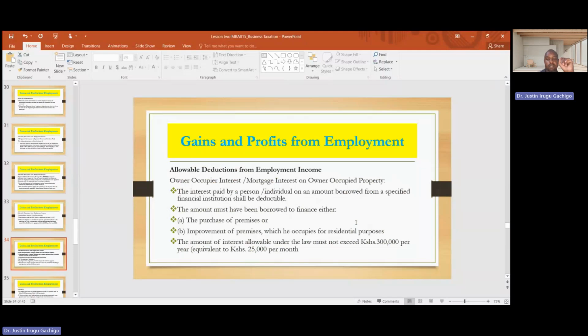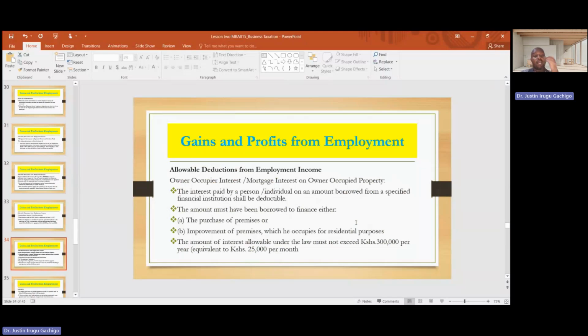The amount which is deductible from tax is 35,000 or 300,000 per annum. But you have to prove that the facility that you took is to purchase the premises, or to improve the premises.